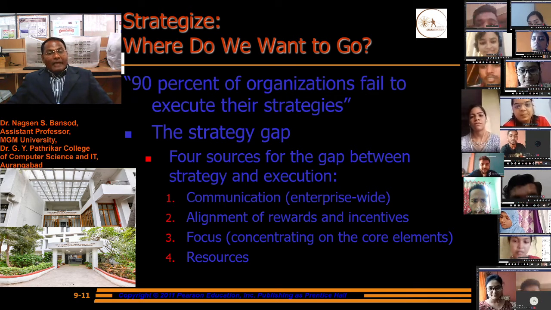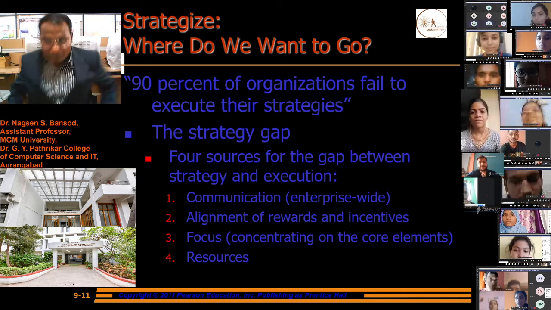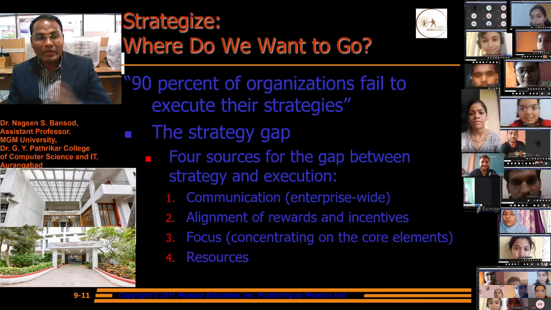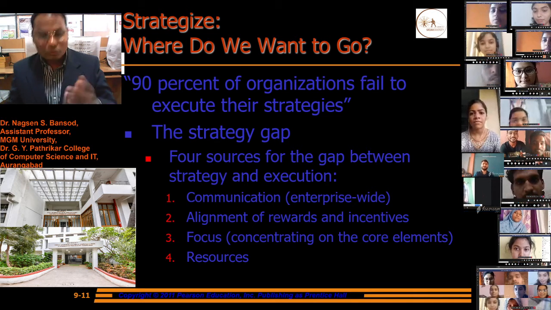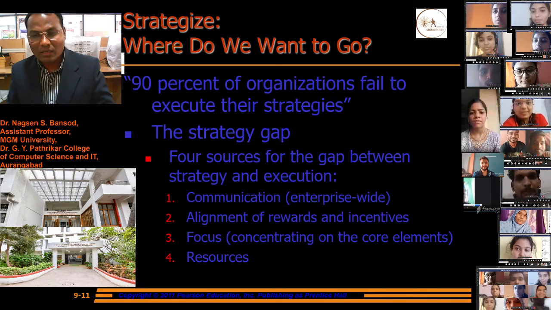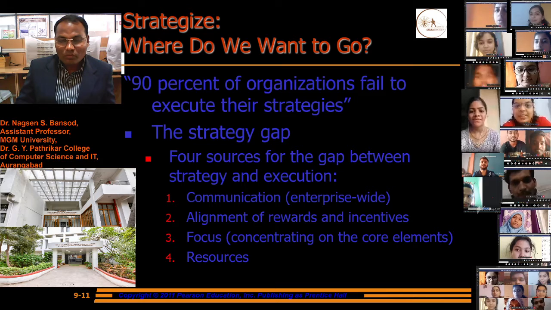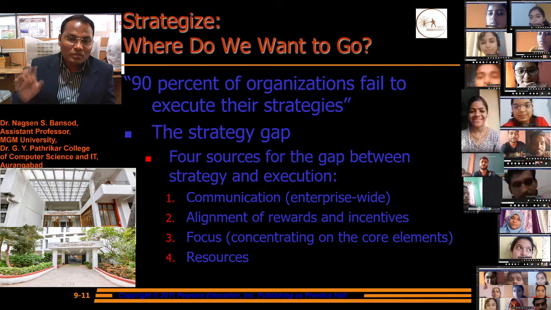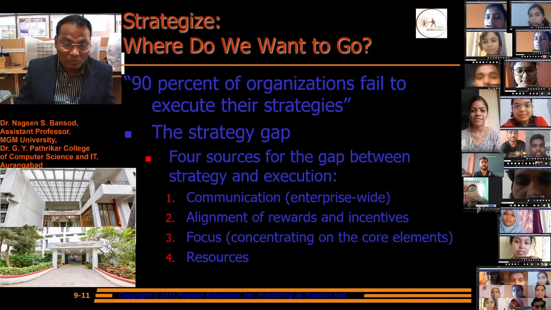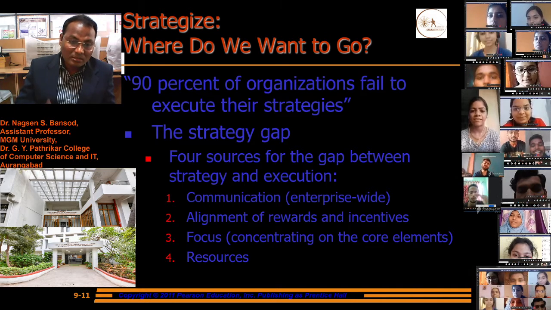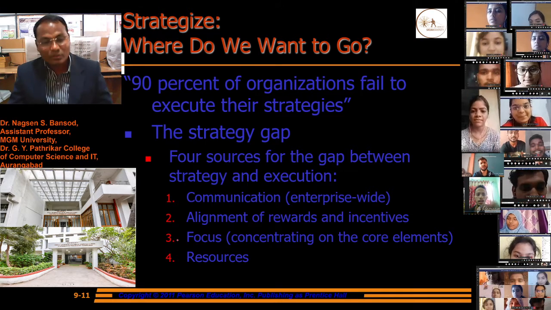So alignment of rewards and incentives: give incentives to them. If they work very hard for our business purpose, we have to give an award to them, so that they will work even harder next time, and they get an emotional touch from our company. Yes, this is our company and we have to work for our company like this. Therefore we have to align the rewards and the incentives.